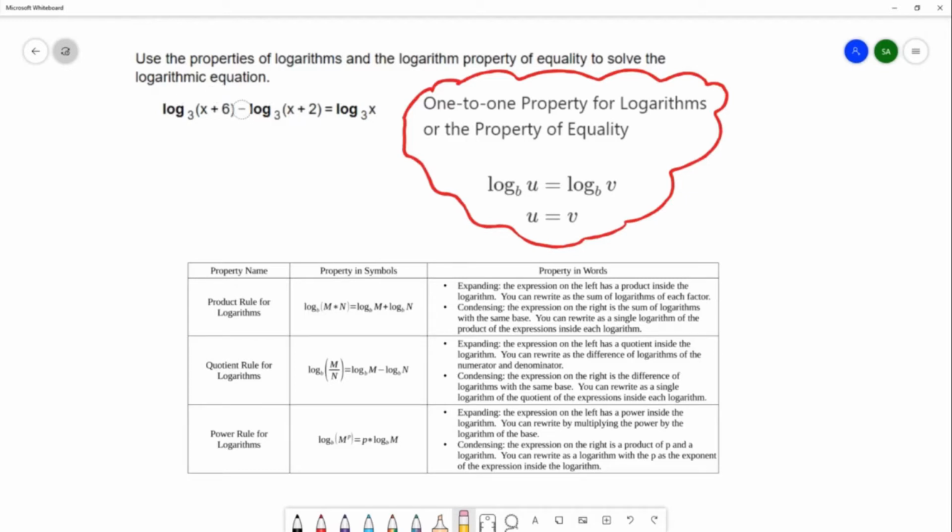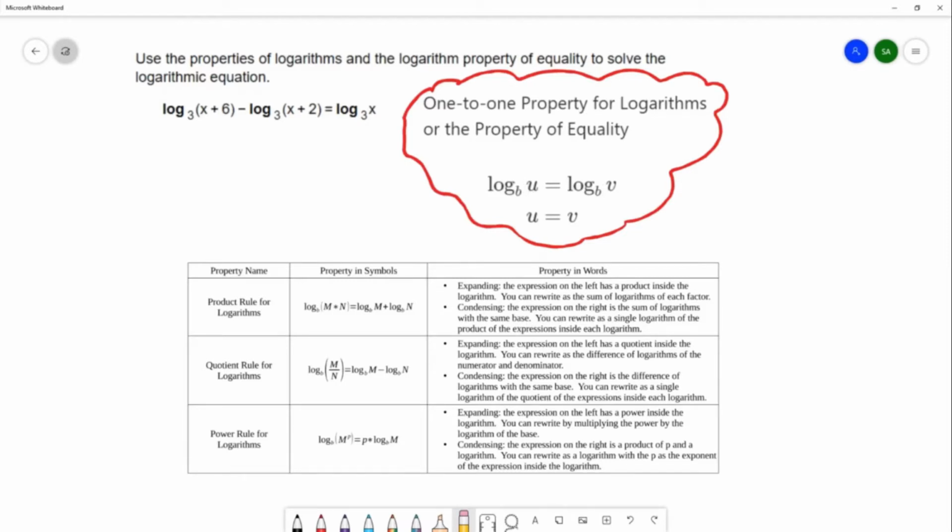It is good that we see log base 3 on all of them, which matches the log base 3 on the right. So eventually we will be able to use that property of equality because all of the logs have the same base.